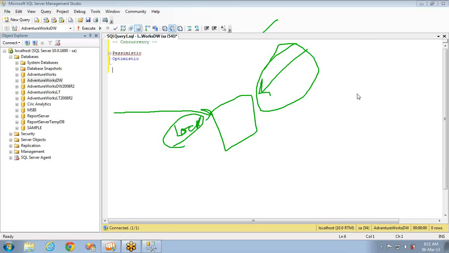That means, if this transaction is accessing data, it assumes that no other transaction will try to access the same data. That is called the optimistic concurrency model. If you see the difference between pessimistic and optimistic, pessimistic is always on the safe side.